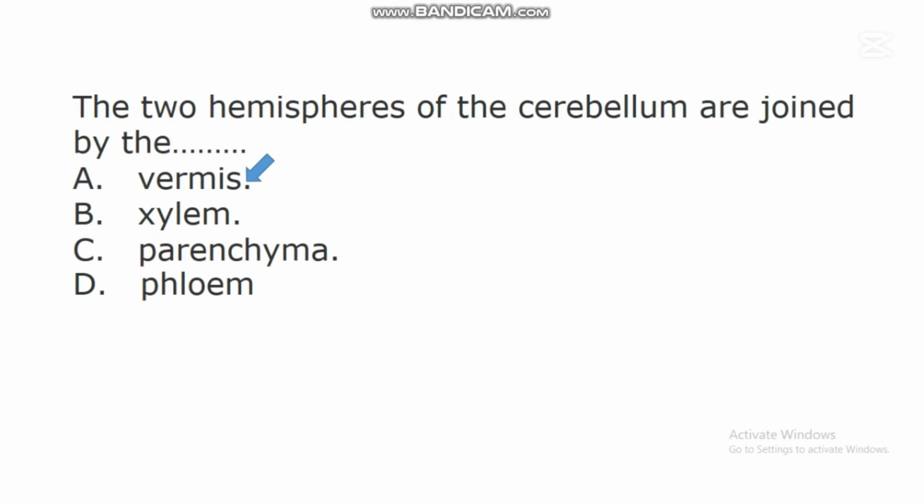Vermis is the part where the two hemispheres of the cerebellum join together. So the two hemispheres of the cerebellum are joined by this part known as vermis.